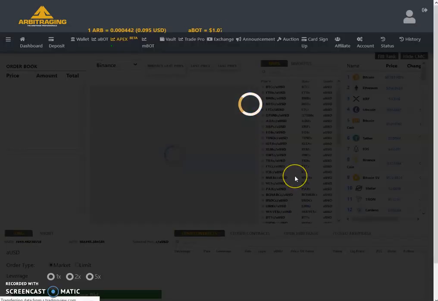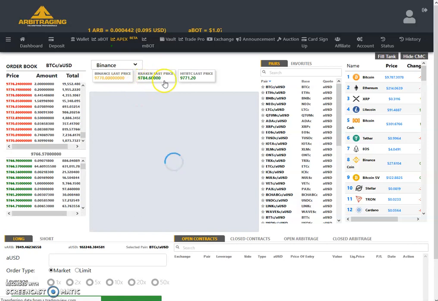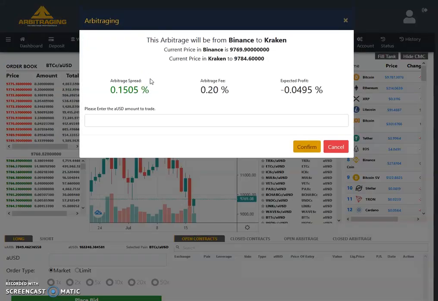As you can see, there are 3 buttons at the top for APEX. One is for Binance exchange, and the next 2 are for Kraken and HitBTC. So let's say I am opening a trade for the Binance exchange, meaning I am buying from Binance and selling on Kraken. As you can see, it is showing me the profit is 0.16%, the fees will be 0.20%, and the expected profit is minus 0.04.